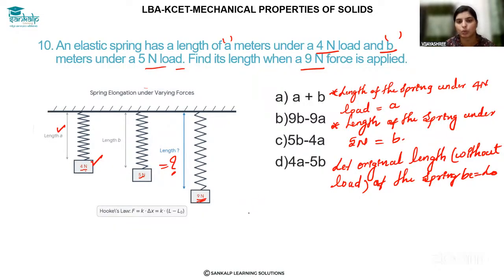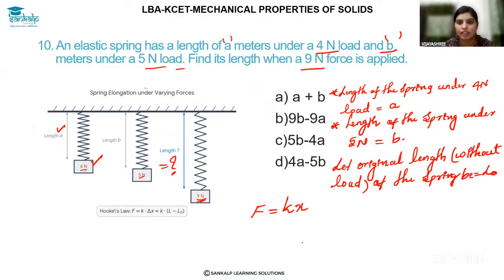According to Hooke's law, restoring force in the spring is equal to spring constant into extension. So the restoring force developed in the spring is equal to spring constant into extension of the spring from its original length.